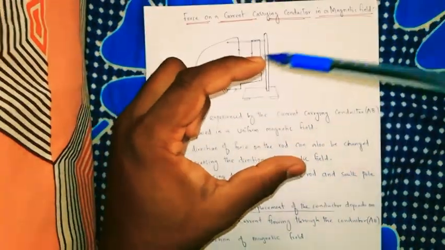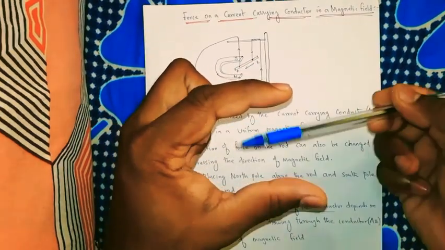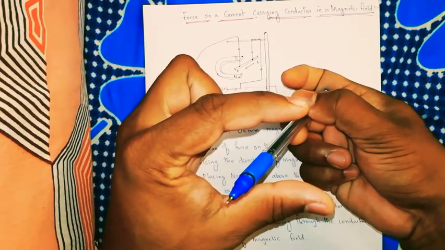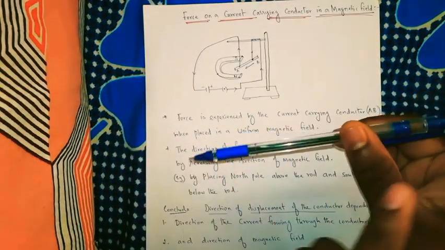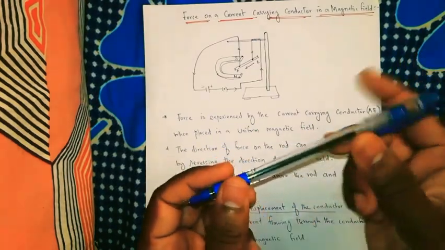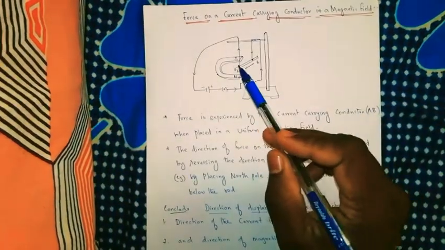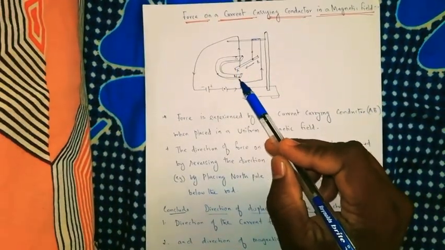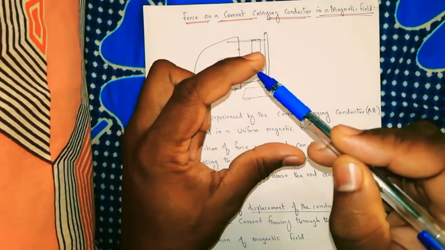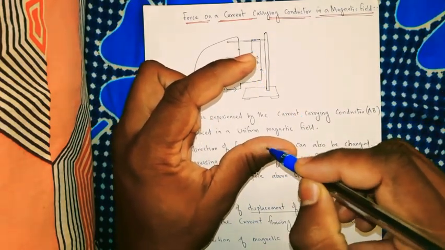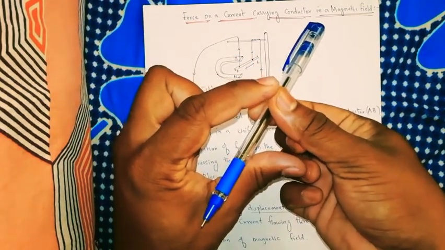Imagine this is a horseshoe magnet, and this is the AB rod inside it. For example, this is point A and this is point B. So this is my south pole and this is my north pole, and the rod AB is kept in between them.